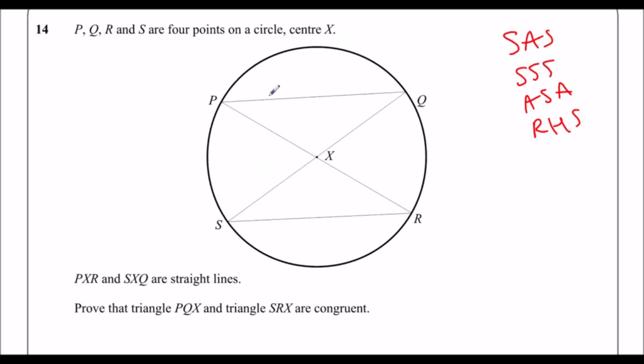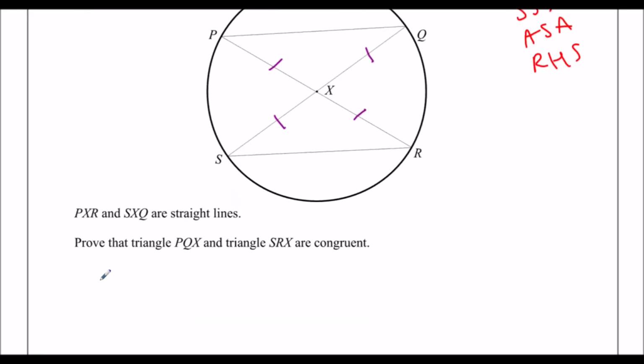So we can say that P to X and X to R and S to X and X to Q are all the same because they're all a radius. So PX equals XR and SX equals XQ because they are all the radius of the circle. And then we can say we've got opposite angles here.